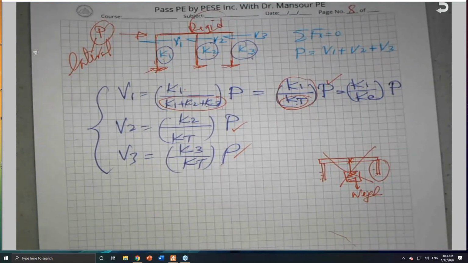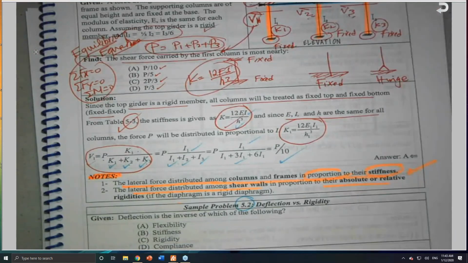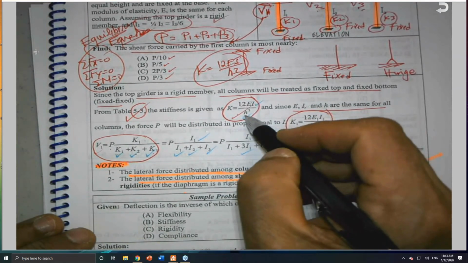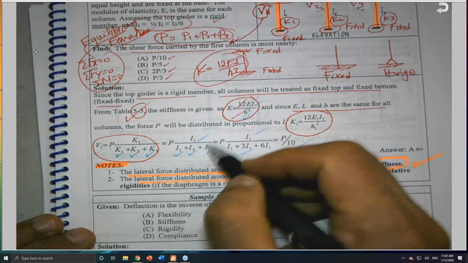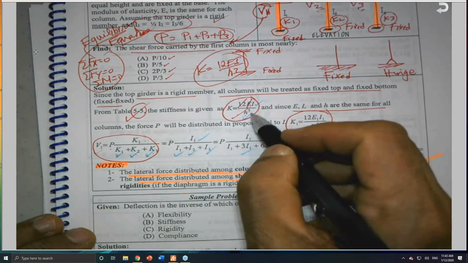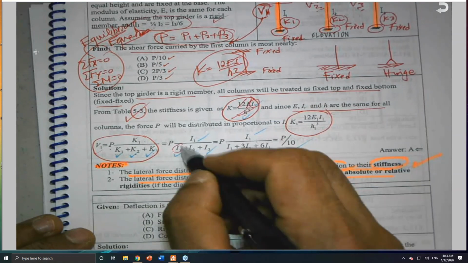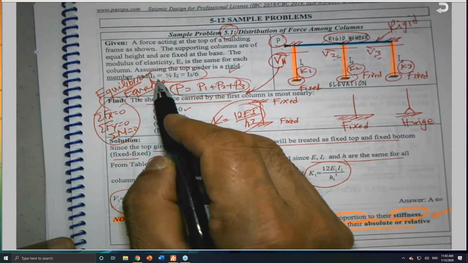Okay. And after that, I substitute for the stiffness, but the stiffness is 12 EI over H cubed. All of them have the 12, the same E, and the same height. So the I will be the parameter that affects it. And since I know the ratio, who gave me this ratio in the problem?